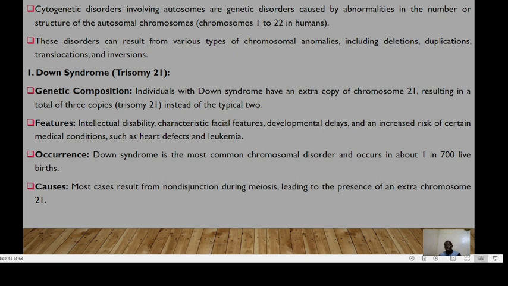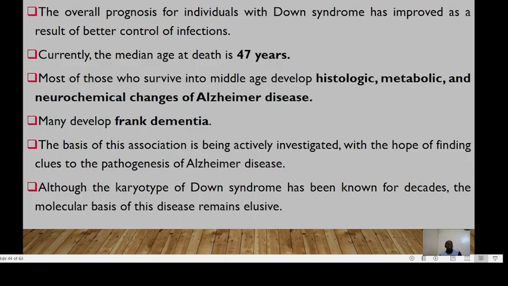Down syndrome is the most common chromosomal disorder and occurs in about 1 in 700 live births. It is majorly caused by non-disjunction during meiosis, leading to the presence of an extra chromosome 21. The overall prognosis of individuals with Down syndrome has improved as a result of better control of infection. Currently the median age at death is around 47 years.